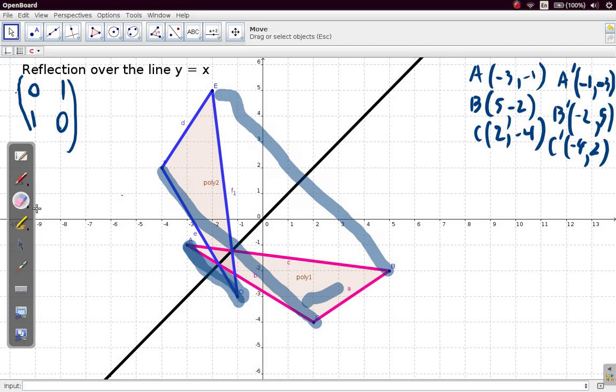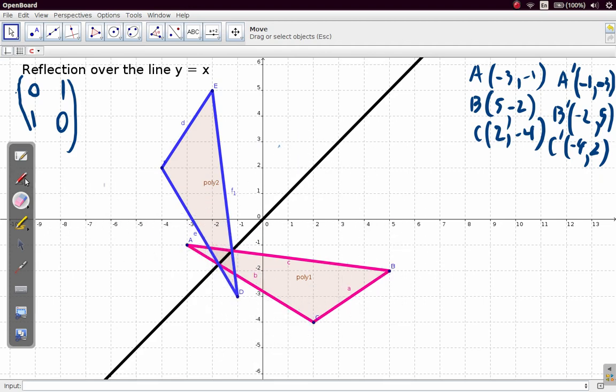So let me do that again. The pink is reflected over to the blue, so this point goes here that way, this point goes here that way because it's on this side, and it goes over to the other side of our mirror line y = x, but this side up here comes down this way, it's reflected on the other side.